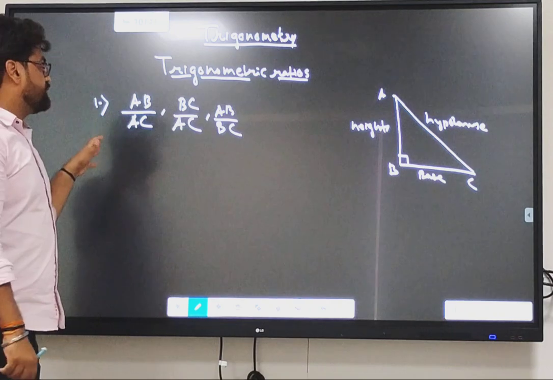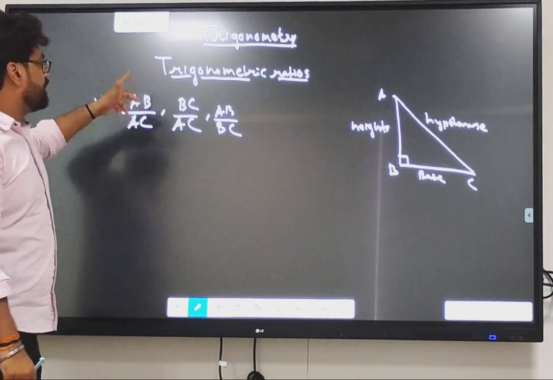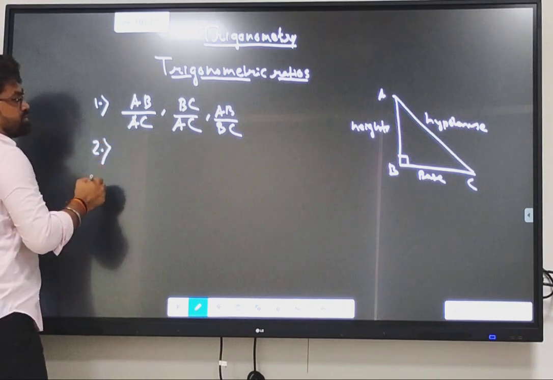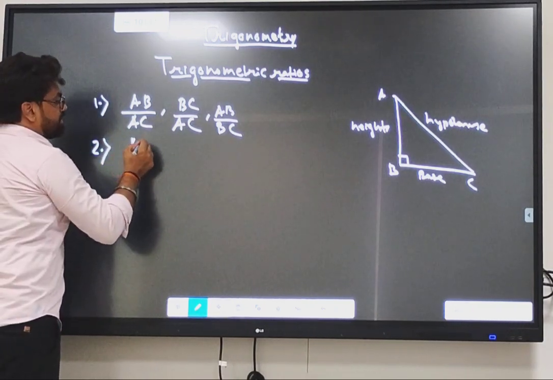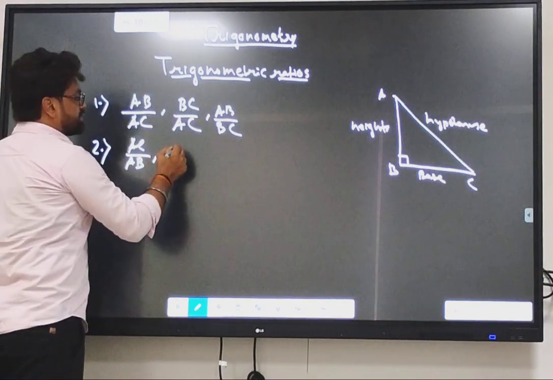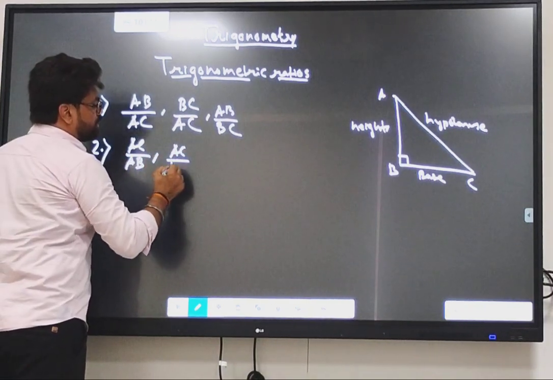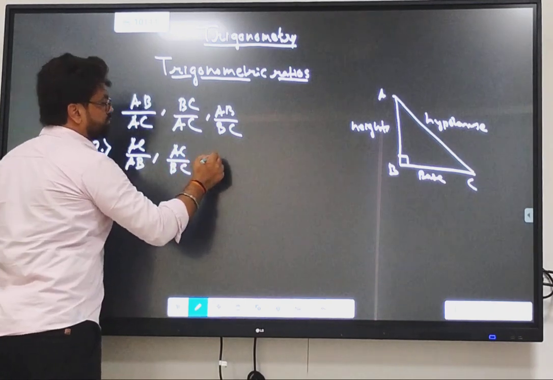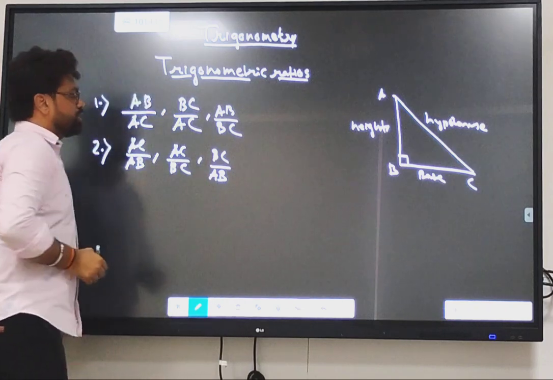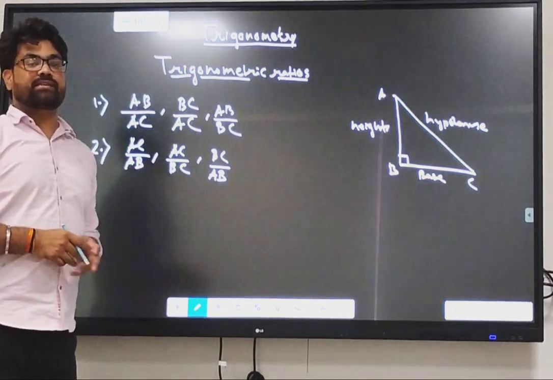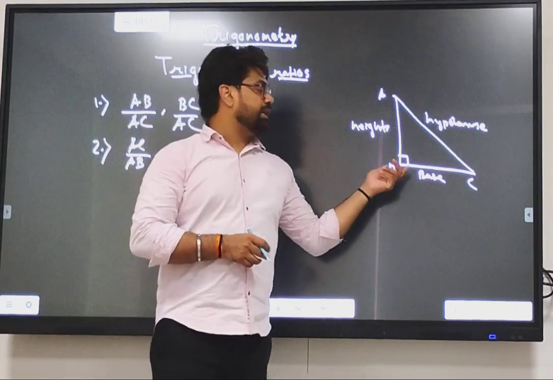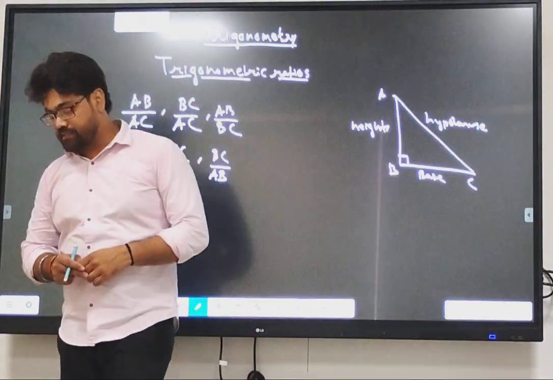Yes, we have three more ratios if I take the reciprocal of all this. So we have three more ratios, that is AC upon AB. Next is AC upon BC, and then we have BC upon AB. Okay, so these are six ratios which can be found in any right angle triangle ABC.